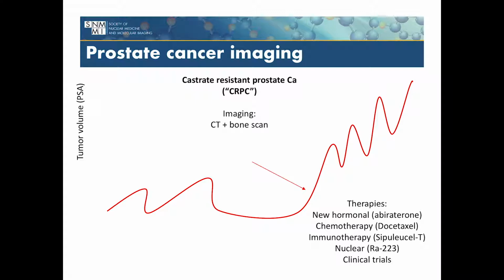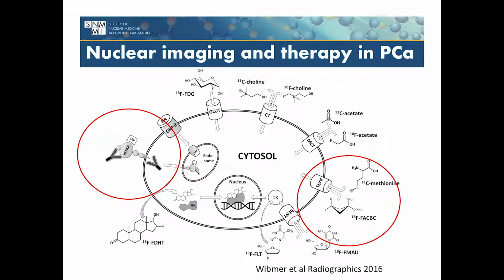And in these cases, this is really a very dynamic area for therapies, with a multitude of new therapies, of which I'm going to really just touch on a little bit the nuclear therapies, the radium and lutetium-based therapies.